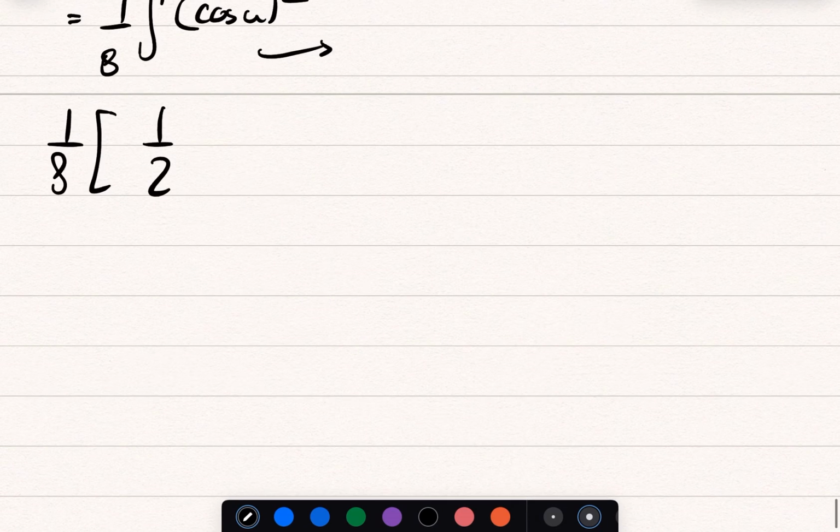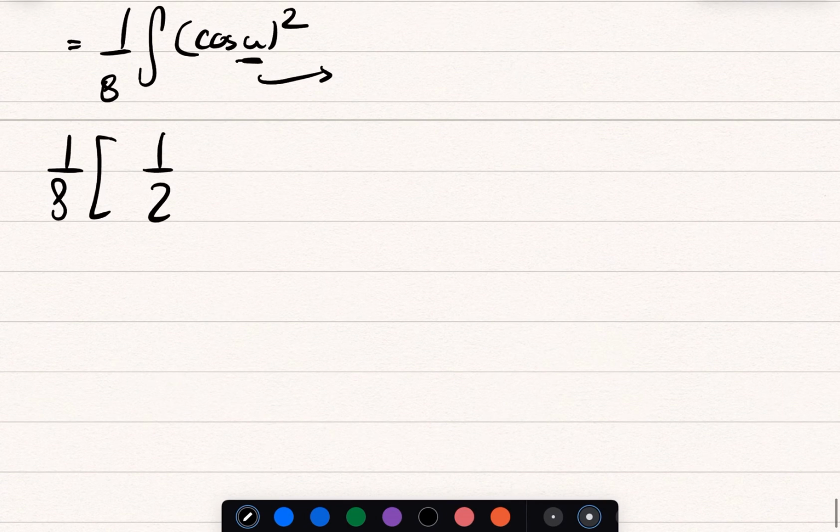You take what's right here, and you can only use this rule when it's just cos u, from what I found. Just regular, no cos 2u, no cos 3u, just how it is, okay? Then you're going to get cos 2u plus 1. And of course, this 1 over 2 is being multiplied by the outside, okay?